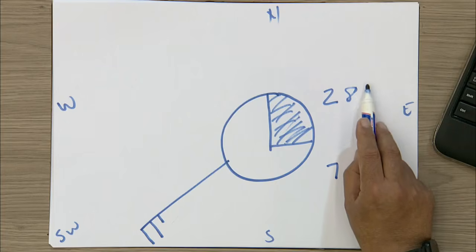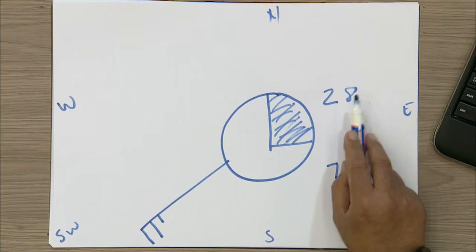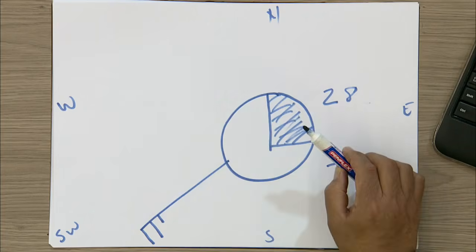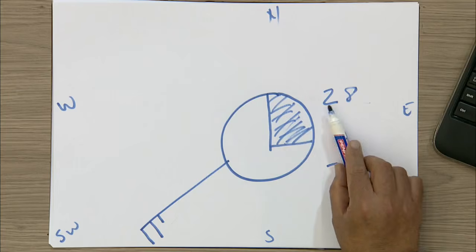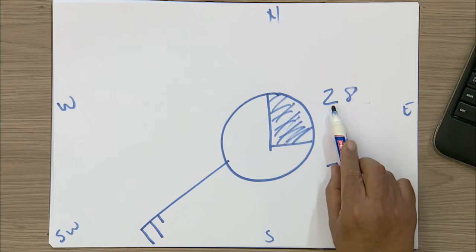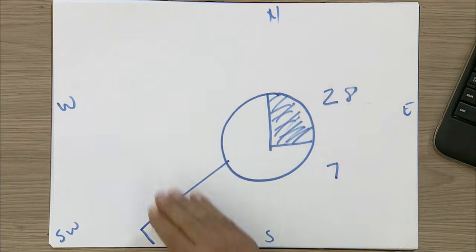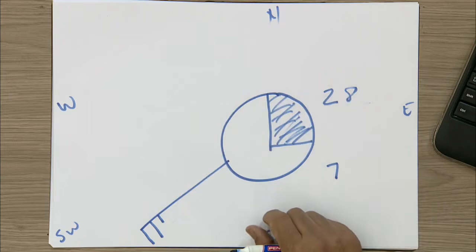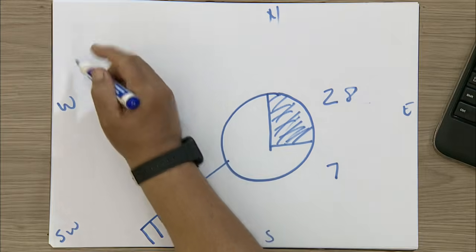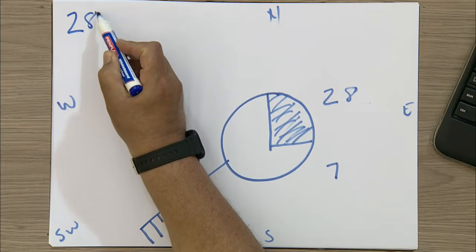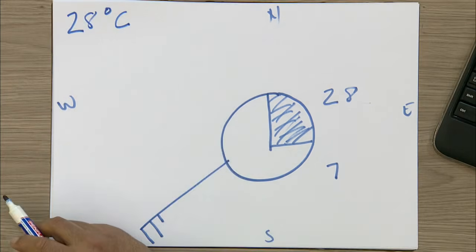We don't write the degrees Celsius symbol on our weather station model because we're trying to save space on our map. So just the 28, but learners, candidates, when you are giving the answer, let's just say you are asked in a question, what was the air temperature at this particular place, then you need to write your answer as 28 degrees Celsius.